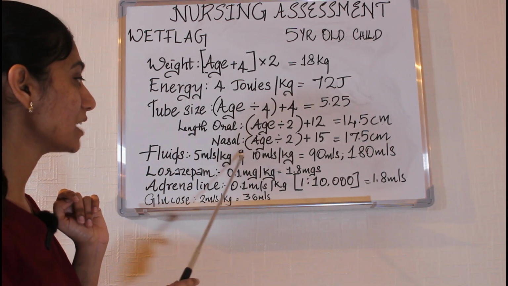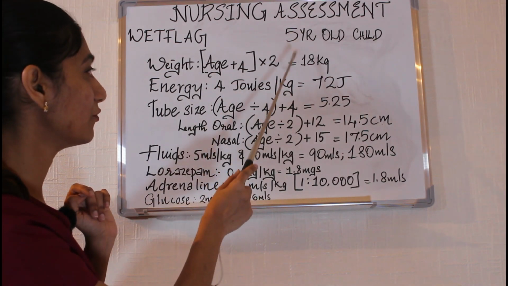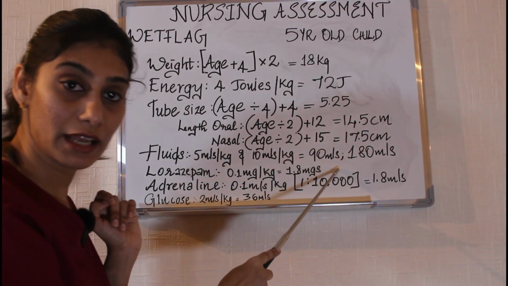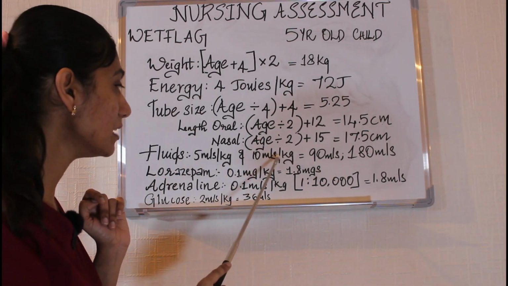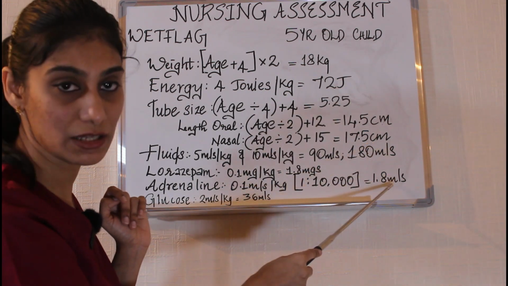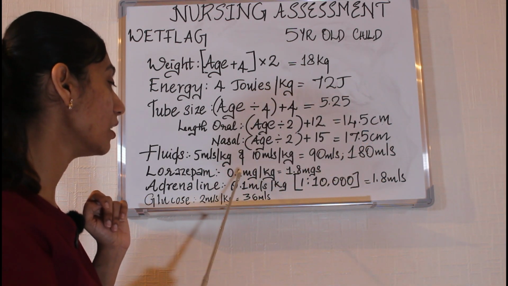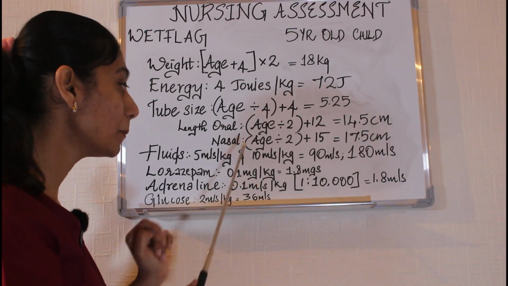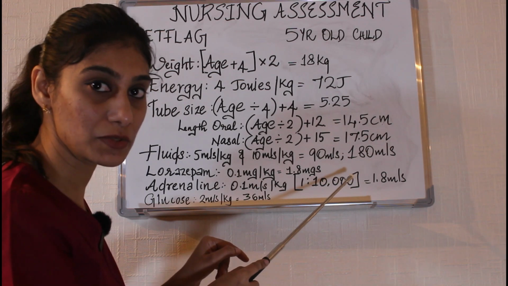There's 5 mils per kg and 10 mils per kg. So 5 times the weight is 90 milliliters. And then 10 mils per kg, so 10 times 18 is 180 mils. And then the lorazepam. Lorazepam here is 0.1 milligram per kg of body weight, so 1.8 milligrams.